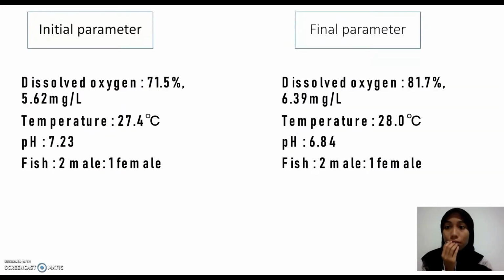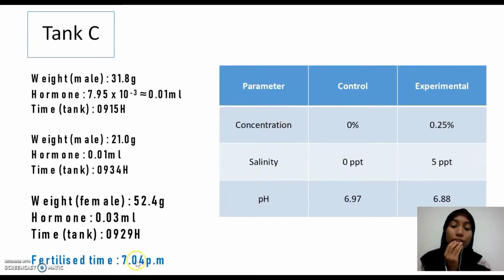Okay, as for the results part, this is the initial parameter and final parameter for our tank. The fertilized time is 7:04 p.m., which is about 90 minutes late compared to tanks A, B, and D, which is 6:45 p.m. This will be discussed in the discussion later.